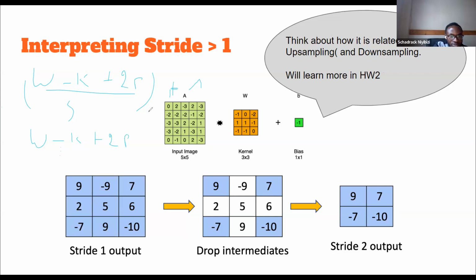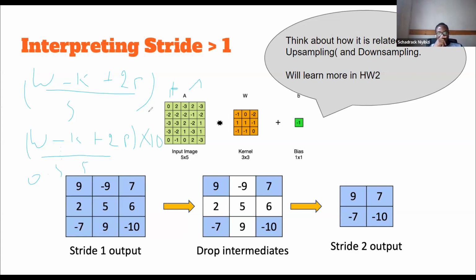P times, for example, if the stride is 0.5, it will be times, let me say, 5 over 0.5, like this.